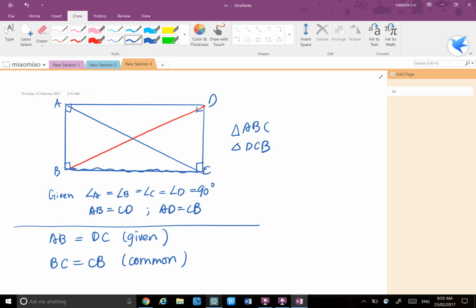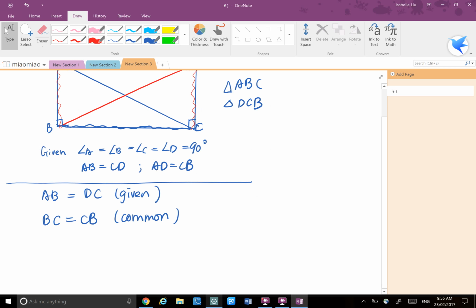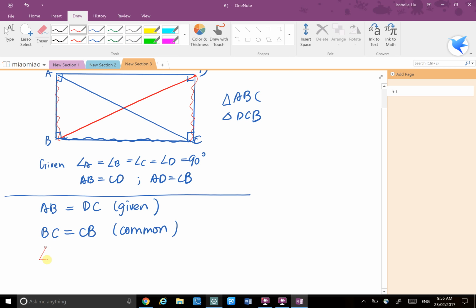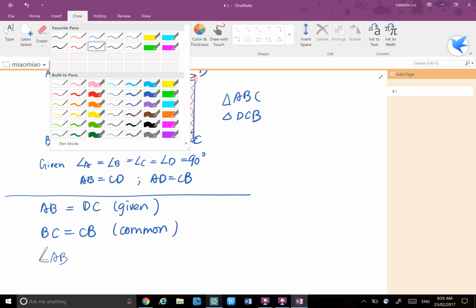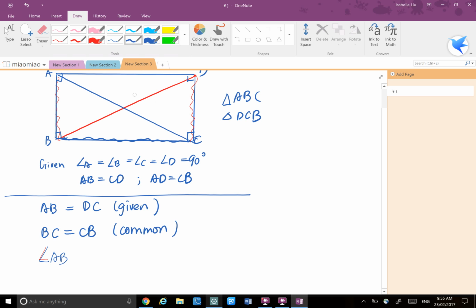And also, you will have angle ABC equals angle DCB. That equals 90 degrees because it's a rectangle.